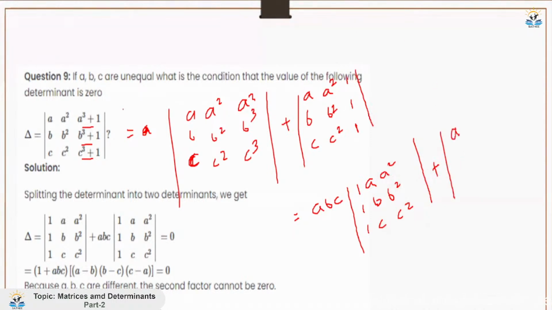So write it directly: A square, 1, B square, 1, C square, 1. Okay.